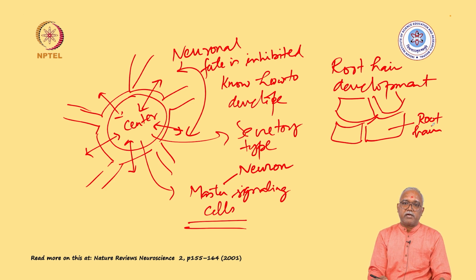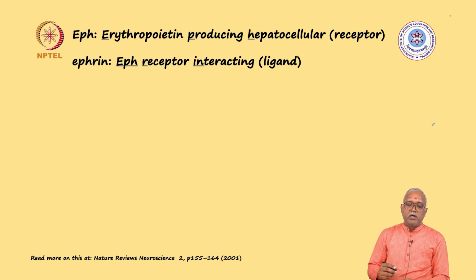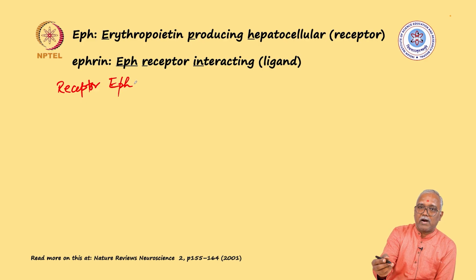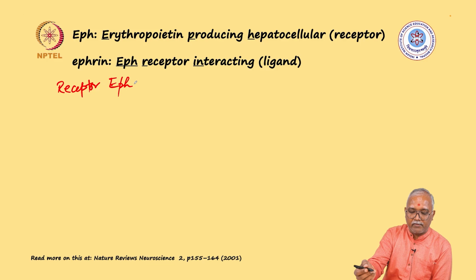Here we will see in case of contact mediated signaling, which is activated by the receptor tyrosine kinases of a very different type. So the receptor here is called EPH, because of the way it was described the first time.